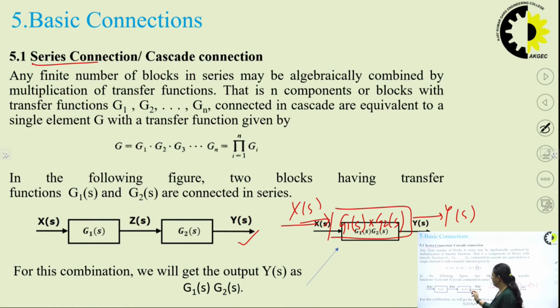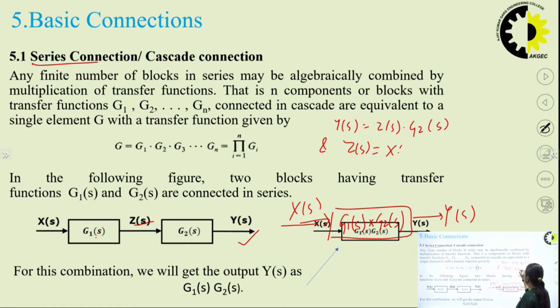Y(s) will be equal to Z(s) into G2(s), right? And what is Z(s) here? Z(s) is equal to X(s) into G1(s). So I can put the value of Z(s) here and I will get Y(s) equal to G1(s) into G2(s) into X(s).